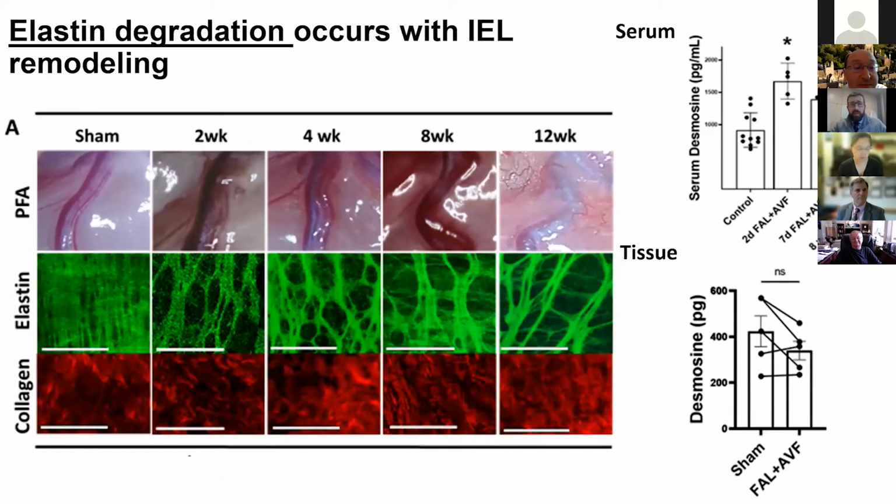When we looked at the extracellular matrix structure, and what you're seeing here, I apologize for not spelling that earlier, are multi-photon microscopic images on FUS. So we're looking at the luminal surface of the blood vessel. And what we see is that with this outward remodeling, there's really a dispersion of these bundles of elastic tissue that occurs within the profunda.